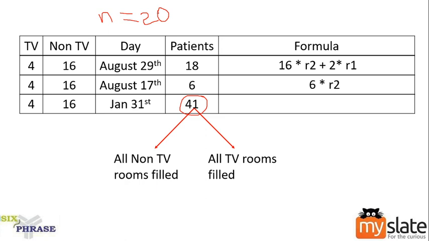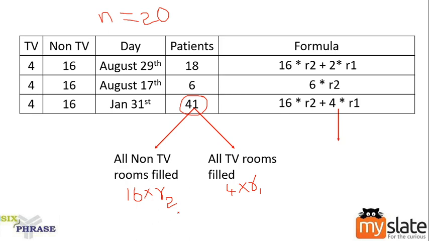This is the scenario. So, what is your formula? I have 16 non-TV rooms, so 16 into R2, and TV rooms is 4, so 4 into R1. This will be your final answer: 16 into R2 plus 4 into R1.